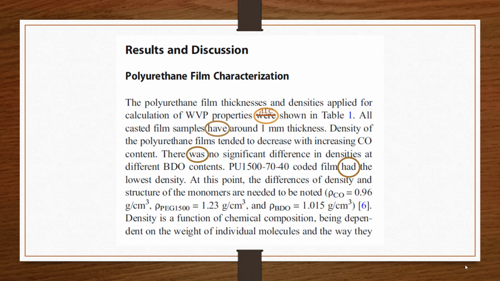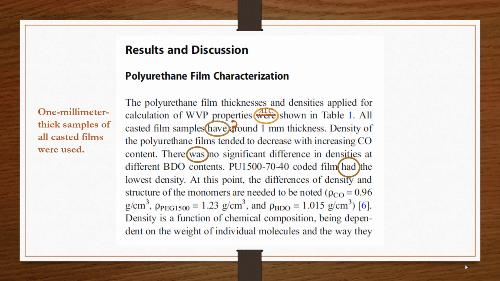However, you're talking about what you did in your methodology in the study, so that should really be in past tense. What I would do is to simply say 1 millimeter thick samples of all casted films were used. Then we avoid having to worry about whether or not the samples still exist or whether they were still 1 millimeter thick when we finished our study. All of that mind-bending confusion we don't have to worry about.